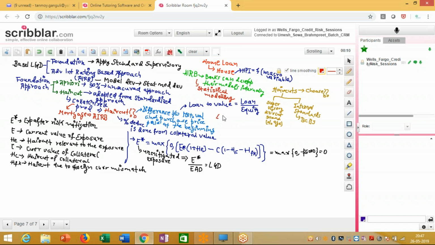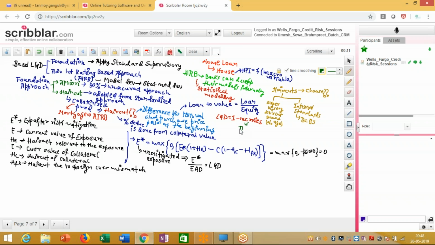So LGD under the AIRB approach is defined as 1 minus the recovery rate. Now, how do I define this recovery rate?